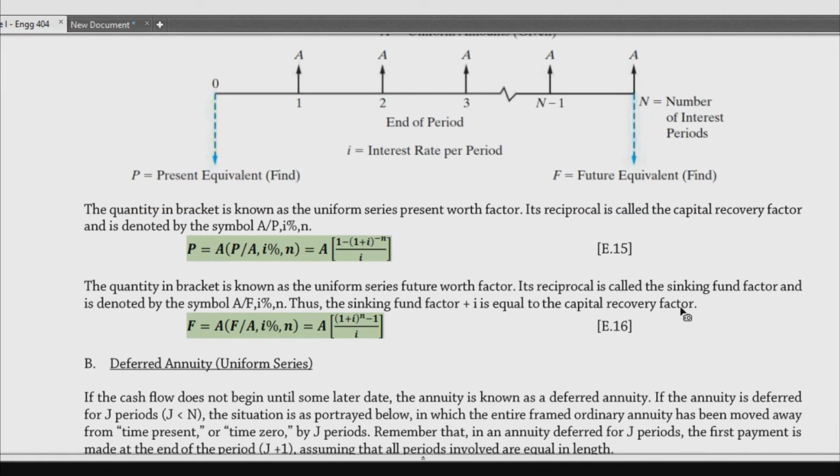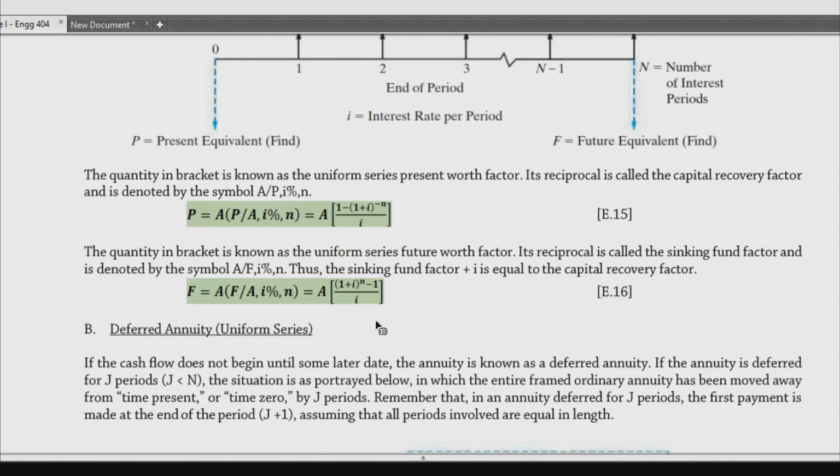Now likewise, yung ating F, which is the future worth, is actually given by your annuity multiplied by (1 plus i) raised to n minus 1 over i. So this is your factor known as the uniform series future worth factor.